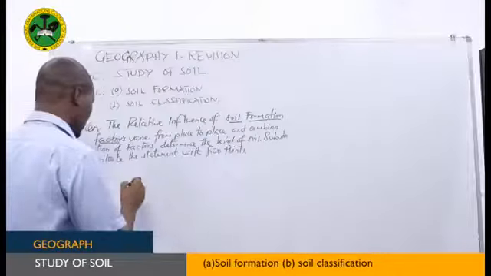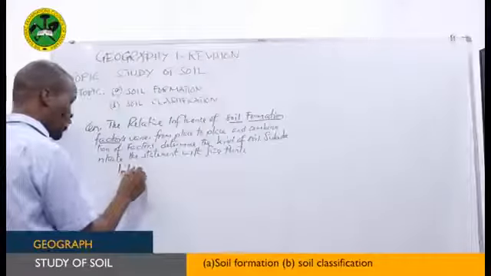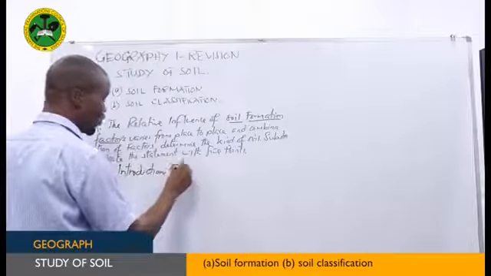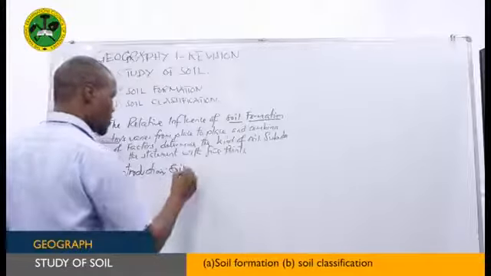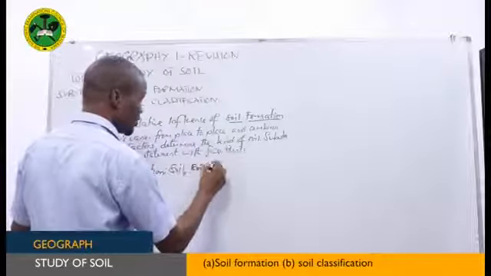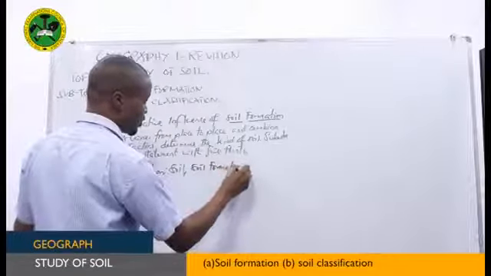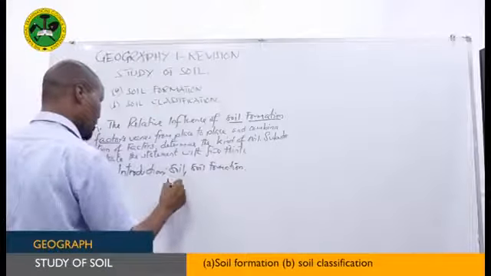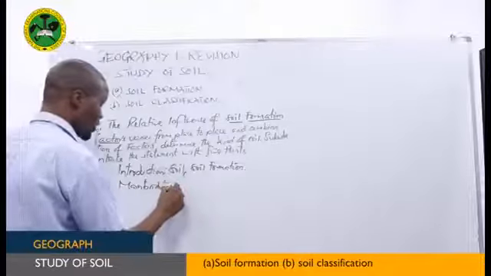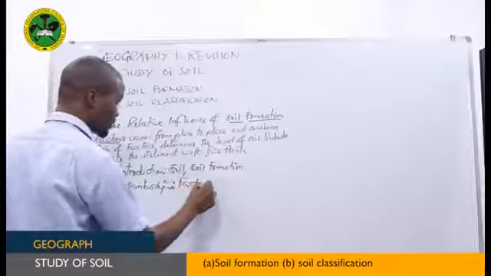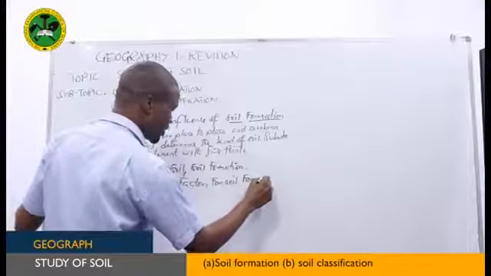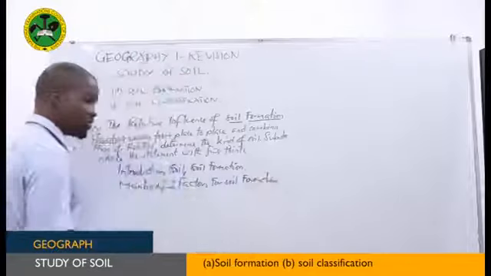So in my introduction, how am I going to answer the question? In the introduction, you explain what soil is, then what soil formation is. Then from there, you go to the main body. In the main body, you explain factors for soil formation.